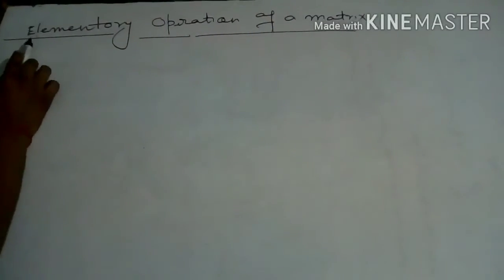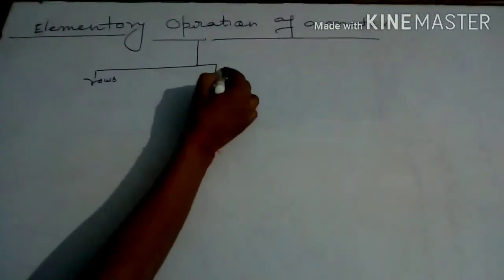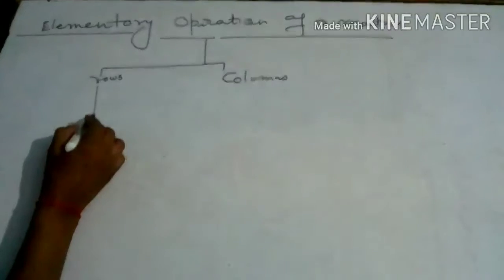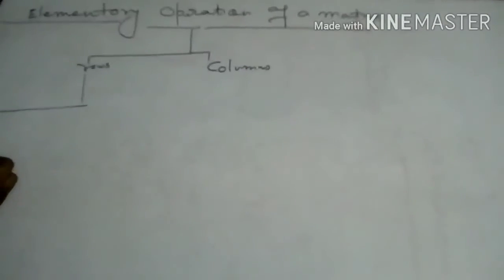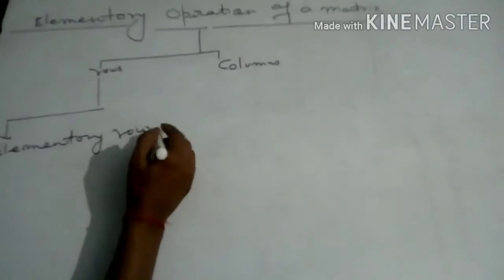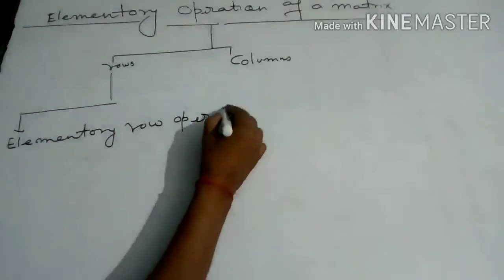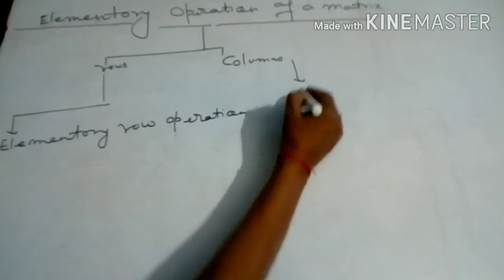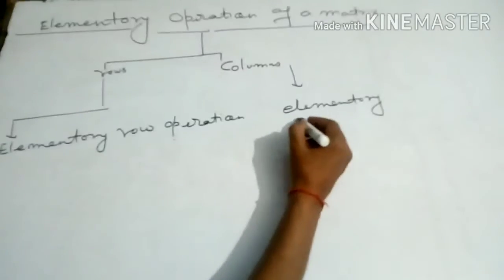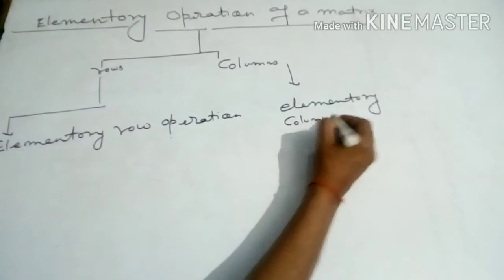Now today we are going to start elementary operations of a matrix. This elementary operation is basically based on the rows and columns of a matrix. So we are going to divide it into elementary row operation or transformation, and second, elementary column operation.